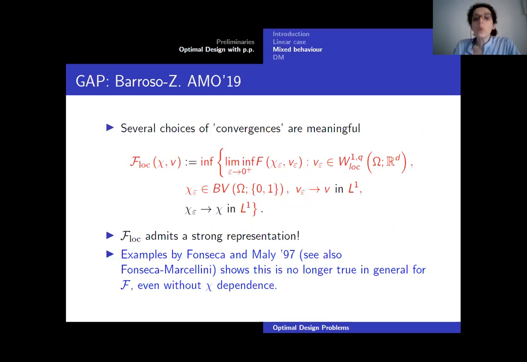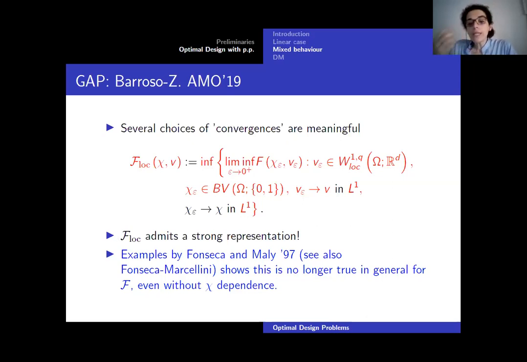And we were able to prove, me and Anna Cristina, that indeed this functional F-loc, where there are also the functions chi epsilon moving, admits a strong representation.